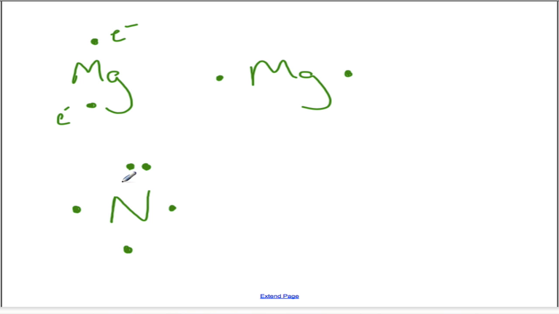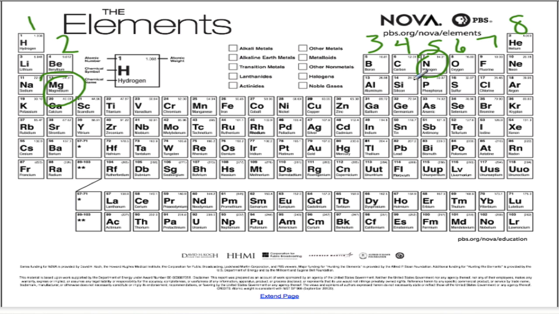So there's my 5 valence electrons for nitrogen. And if I would take a look at any other of the elements in that same group, they would have the exact same Lewis dot diagram. So if you know how to draw one, you know how to draw all of them for that group.